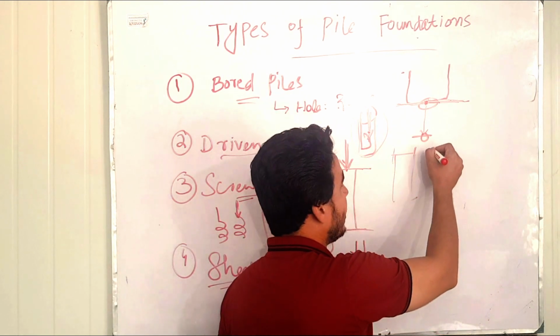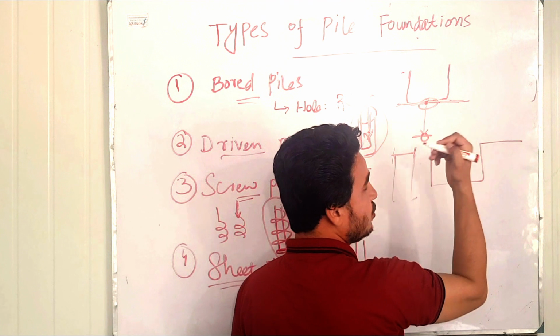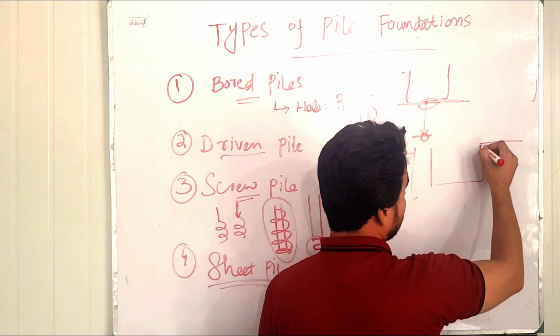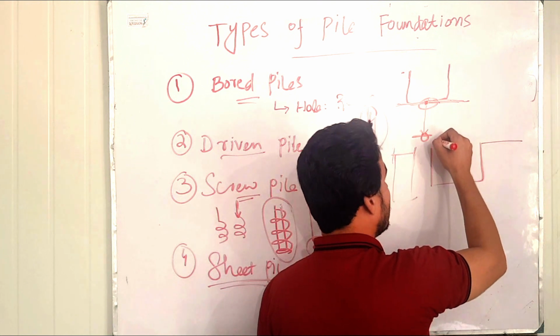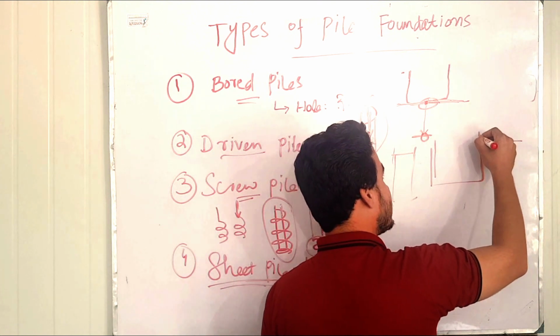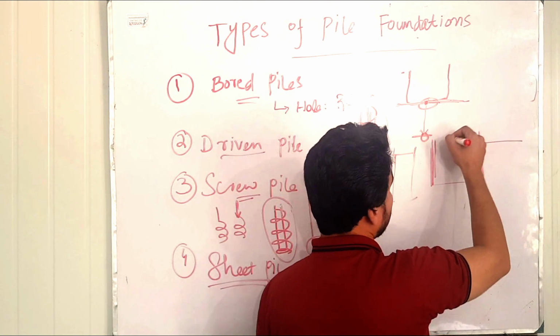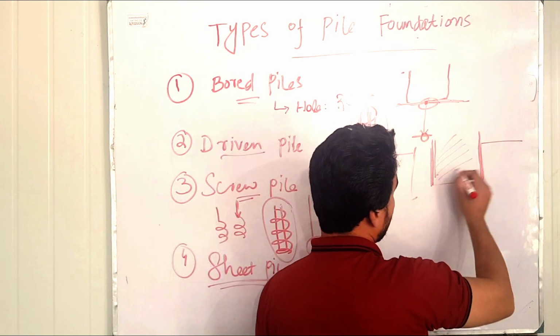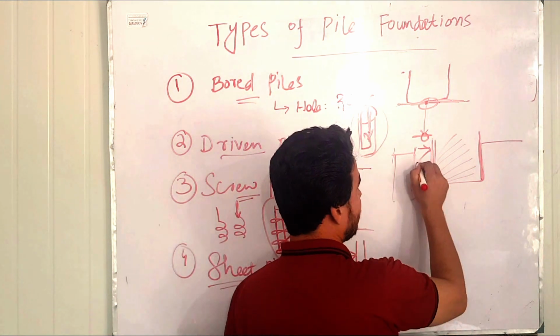Like if you have made a foundation, this is the natural surface level, and you are sure that this side is going to collapse. So instead of just directly making this pit, you first insert the sheets here, and then start cutting this place, and you cut it vertically, and you face no collapsing from the sides.